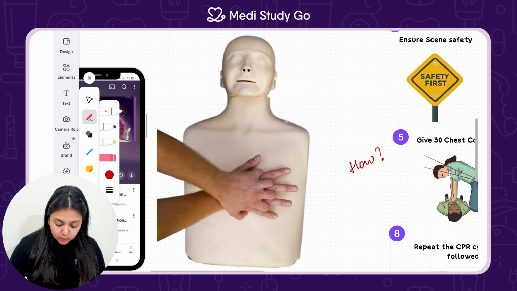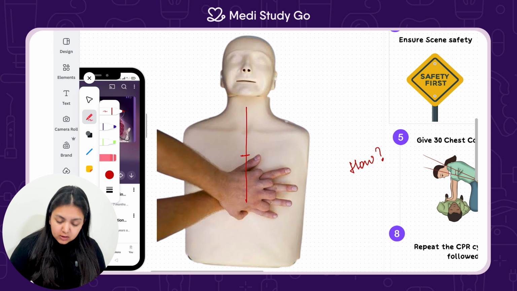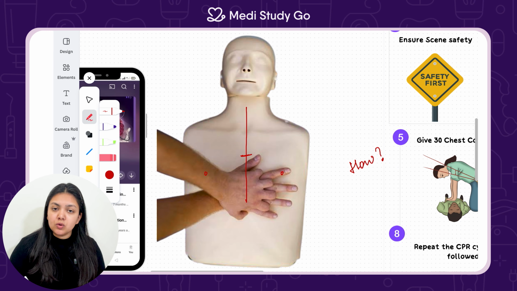The first and foremost thing is the location of placement of your hands. The first thing you see is the midline of the body, which corresponds to the sternum of the patient. You have to stay in the lower half of the sternum, which usually corresponds between the two nipples of the patient. In this location, you place one hand flat and the heel of the hand touches the chest, not the complete hand.